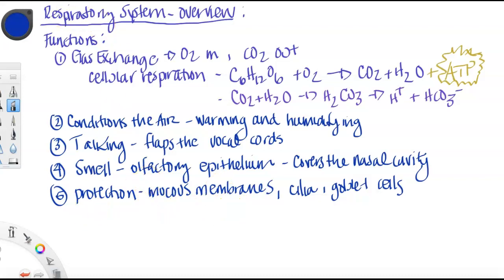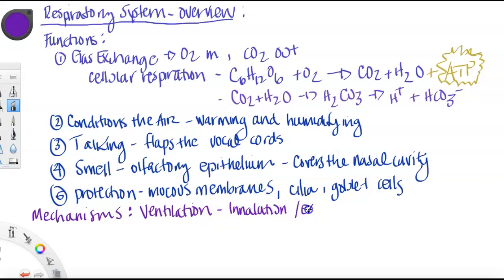How does it work? So just really quickly, we'll go through its mechanisms. So we're going to talk about ventilation. All right, so that's just the act of breathing in and out, so inhalation and exhalation, and we're going to talk about how that occurs. All right, the next thing is external respiration.